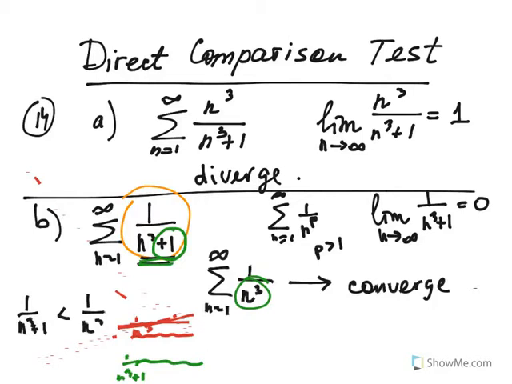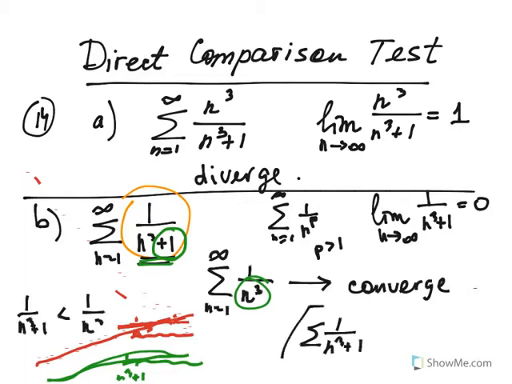When I see you in person, I'm going to explain it better. So 1 over n cubed converges, and because the green one is under, the green one also converges along with it. So the answer is that the given series converges.